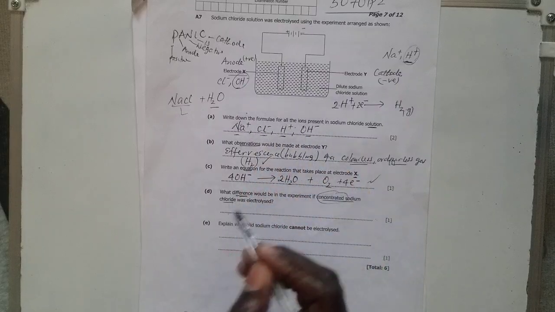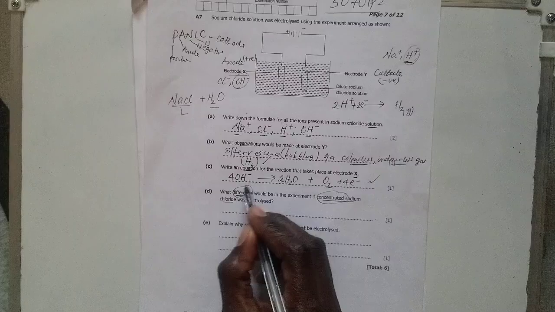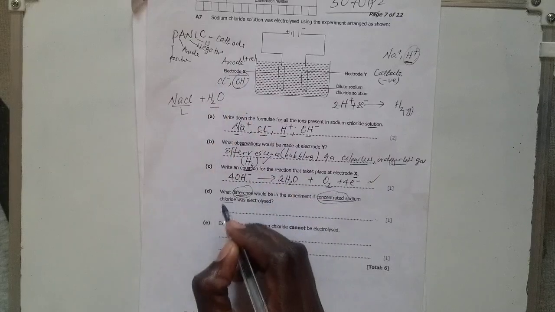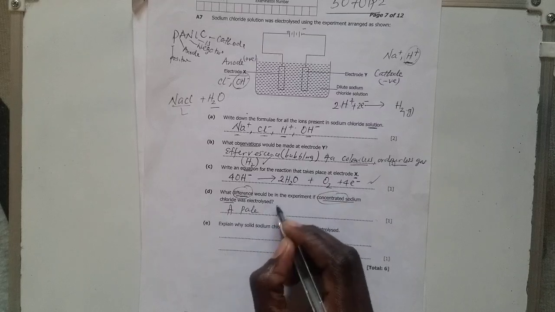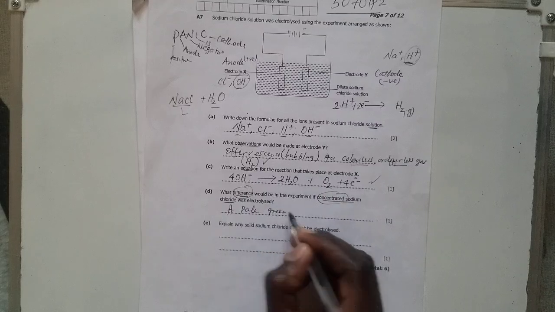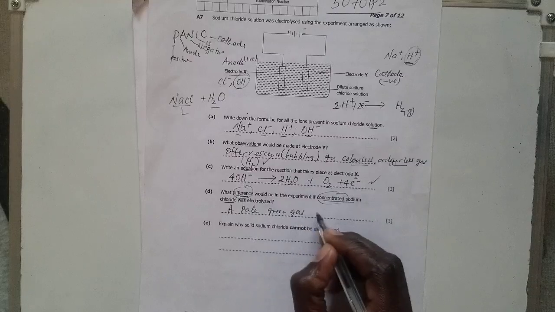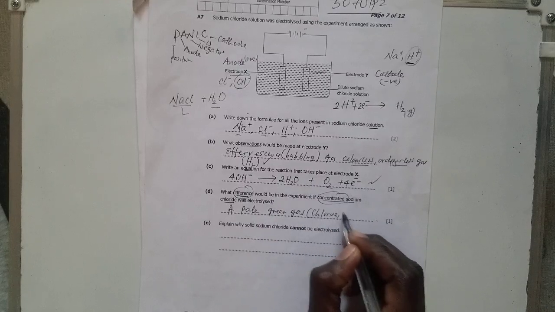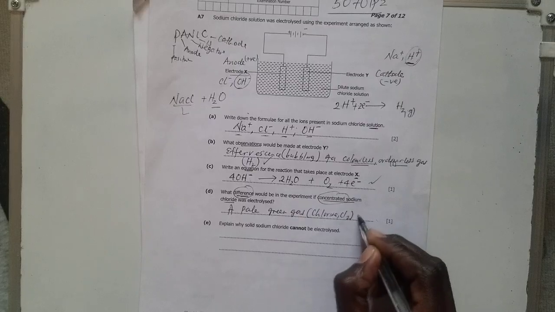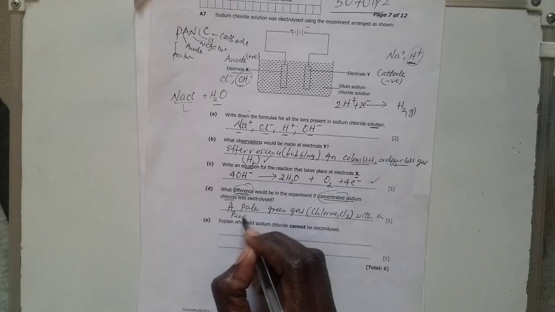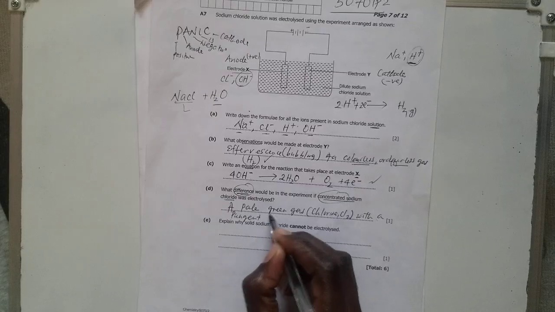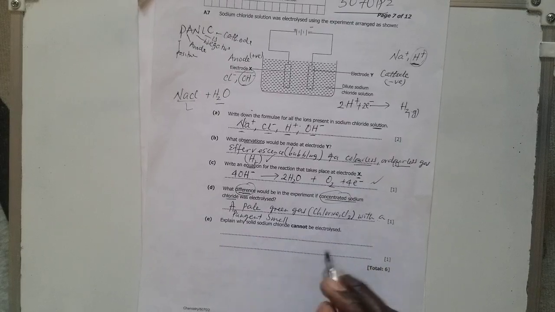Now remember, the difference that you are going to see is that when chlorine has been discharged, you are going to see a pale green gas, which is chlorine, with a pungent smell. So that's what you are going to observe.